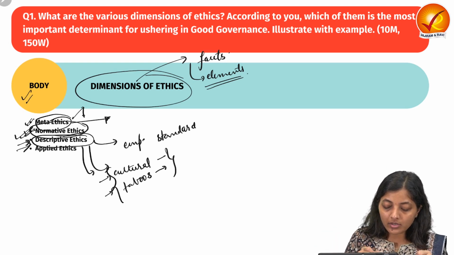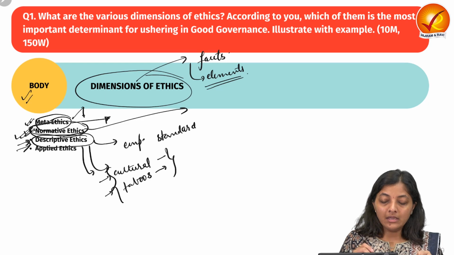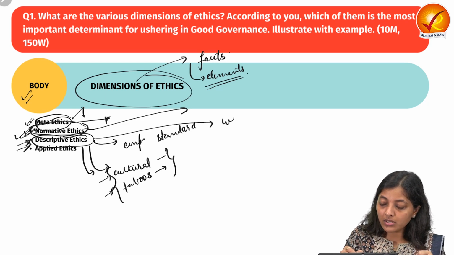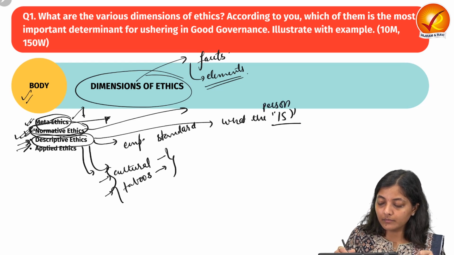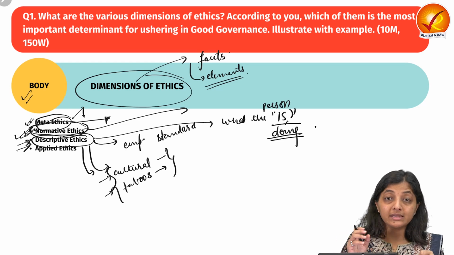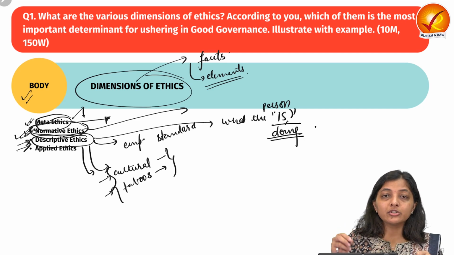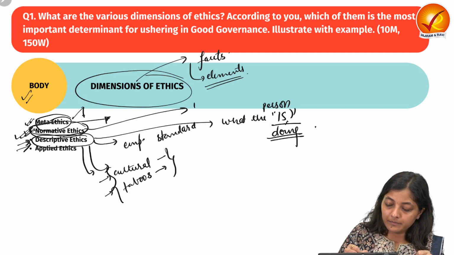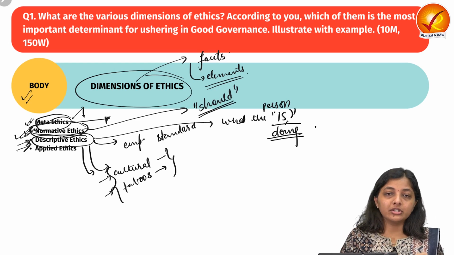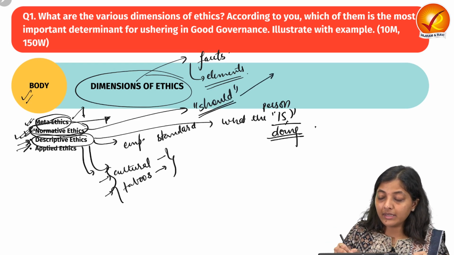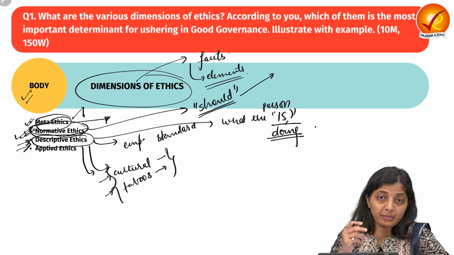Next is normative ethics. Descriptive ethics is what the person is doing, how he is behaving ethically, morally. Normative ethics is how the person should behave, the ideal condition, like a litmus paper test.